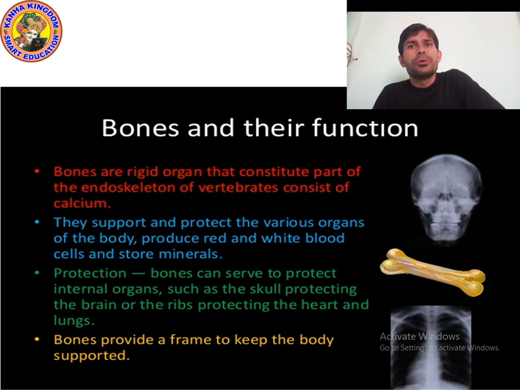Bones can serve to protect internal organs, such as the skull protecting the brain and ribs protecting the heart and lungs. Bones provide a frame to keep the body supported. They also support our bodies.